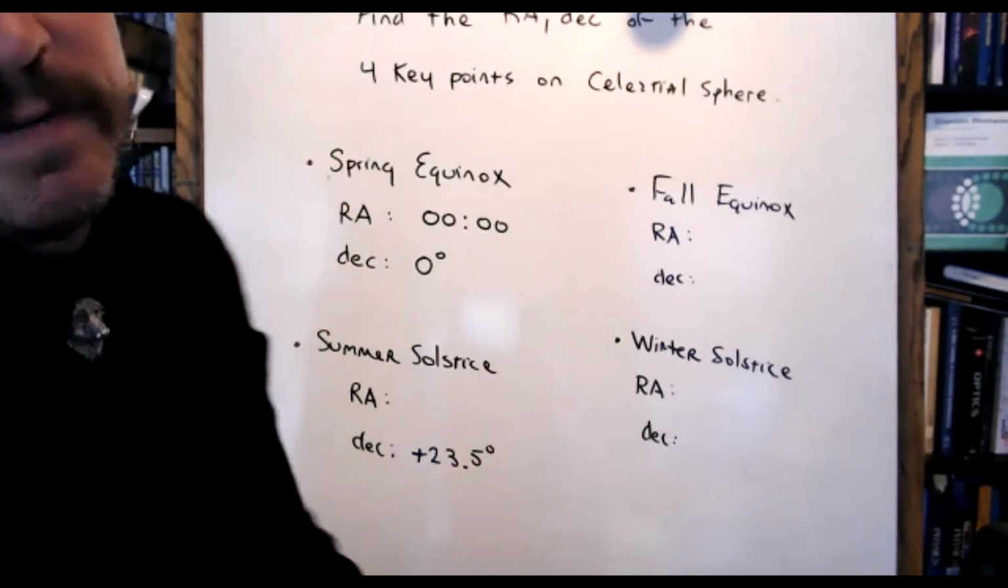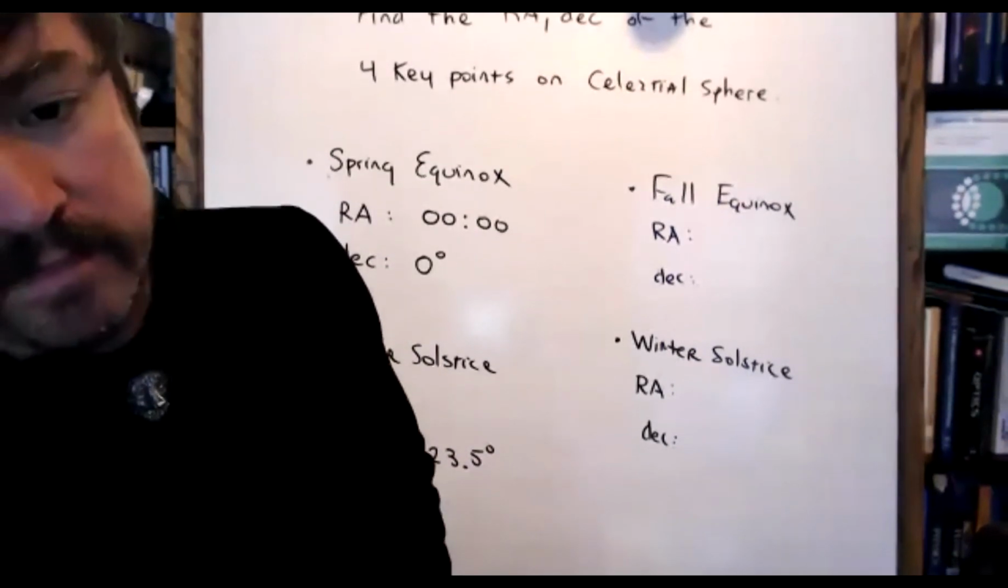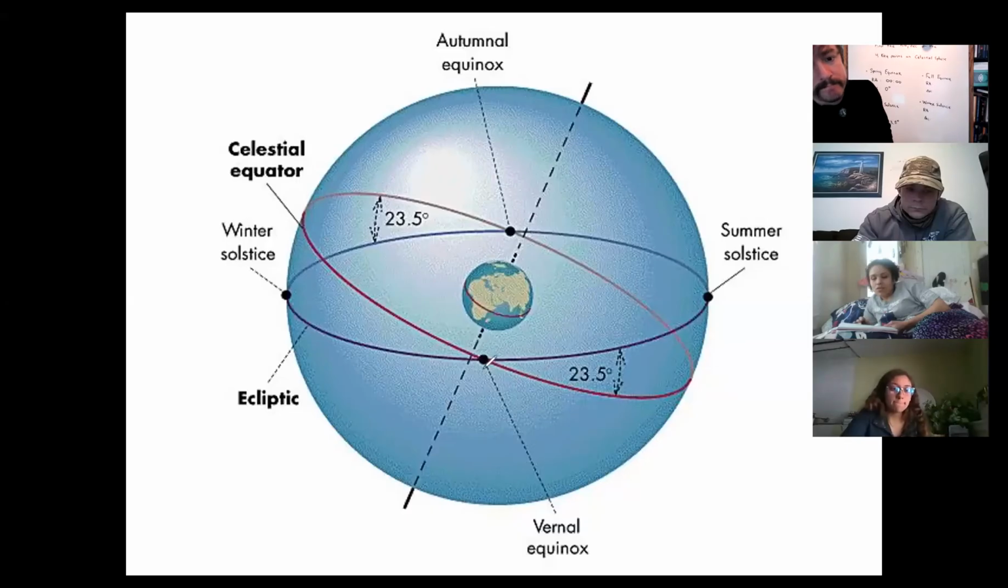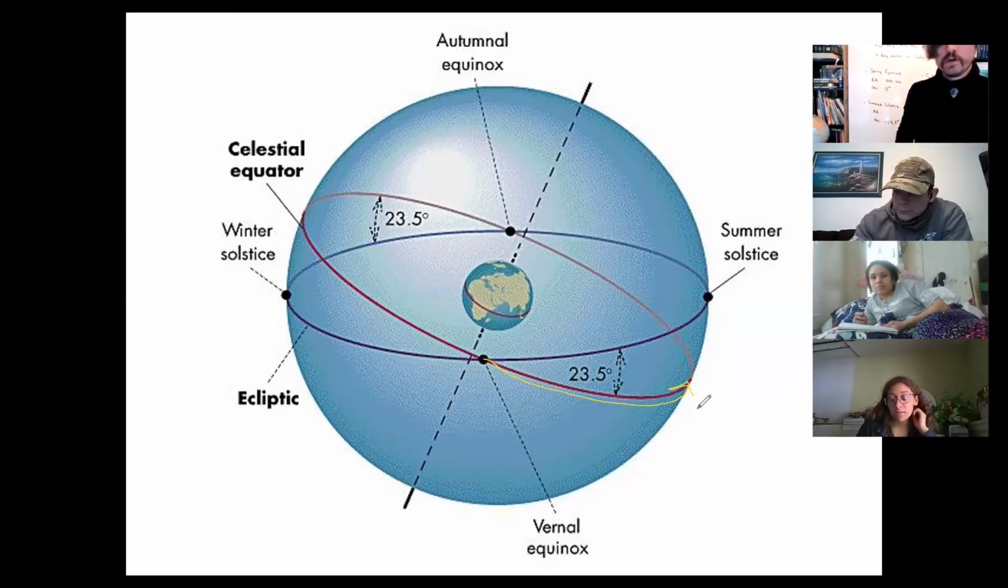How about the right ascension? Jenna, what's the definition of right ascension? Right ascension is the hours and minutes measured eastward from the spring equinox. Okay. So I'll remind you that it's a 24-hour rotation around the sky, and it looks like you're about a quarter of the way around the sky.